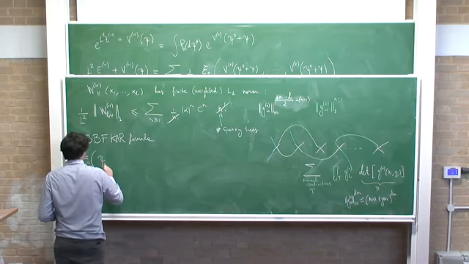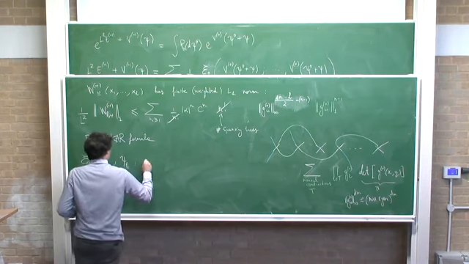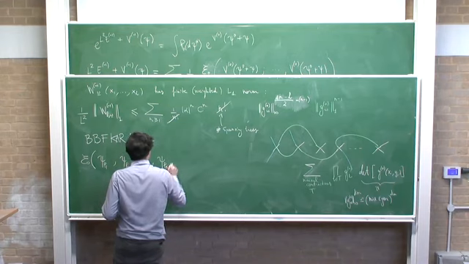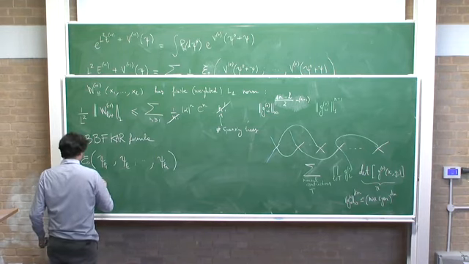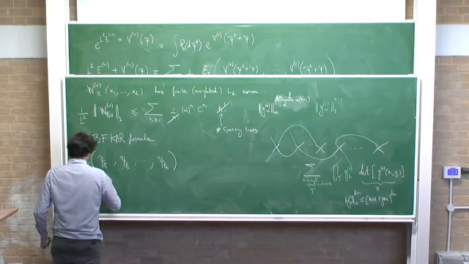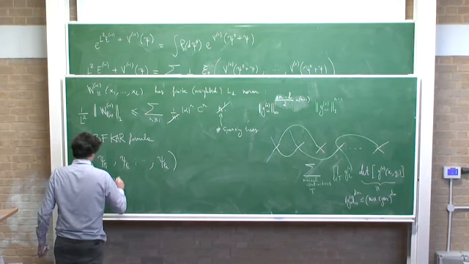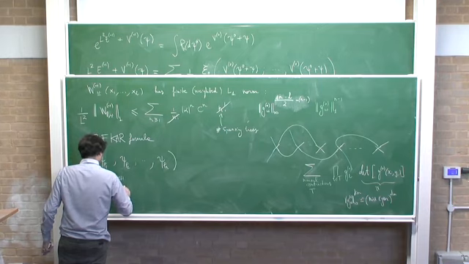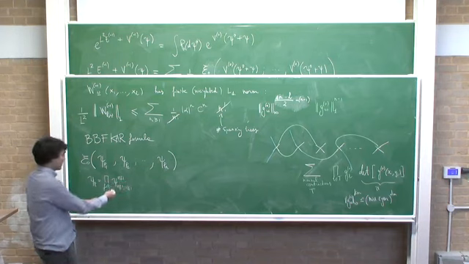So if you have, in general, the truncated expectation of a group of fields, so psi P is now a product over some indices of psi, and these indices are ordered because these are Grassmann variables.